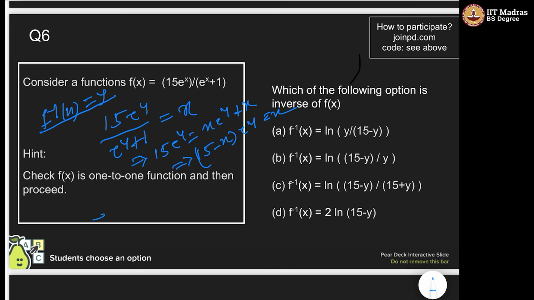So e^y equals x by (15 minus x). From here we get y equals ln (x by (15 minus x)). So f inverse x equals y, which is ln (x by (15 minus x)).